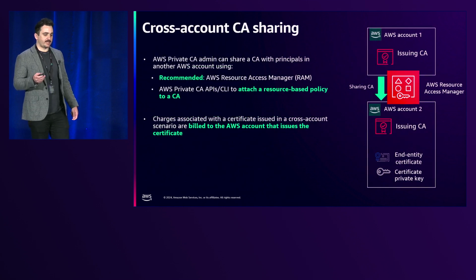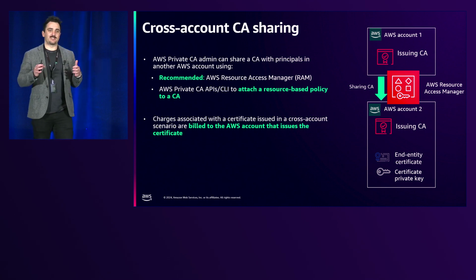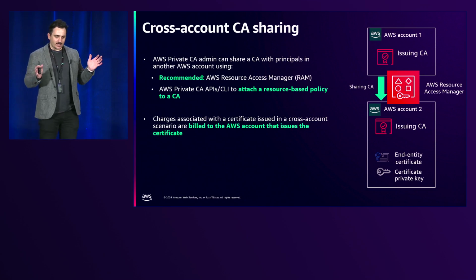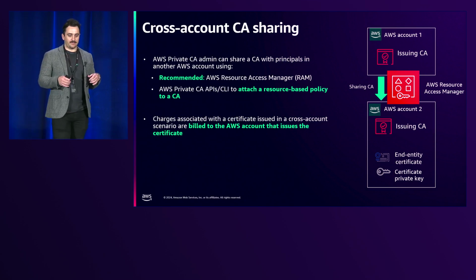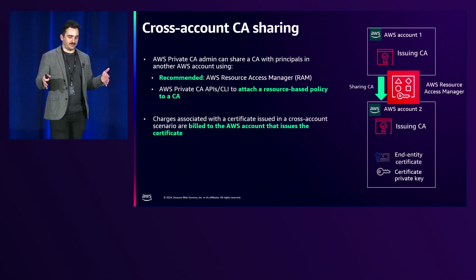So let's talk about cross-account CA sharing, as a way to avoid lots of overhead and the cost of managing individual certificate authorities. If you need to be extremely highly available and you want to have your points of presence of your certificate authorities in a bunch of different accounts, normally without this feature of cross-account sharing, you would have to literally create new certificate authority instances in all of those AWS accounts.